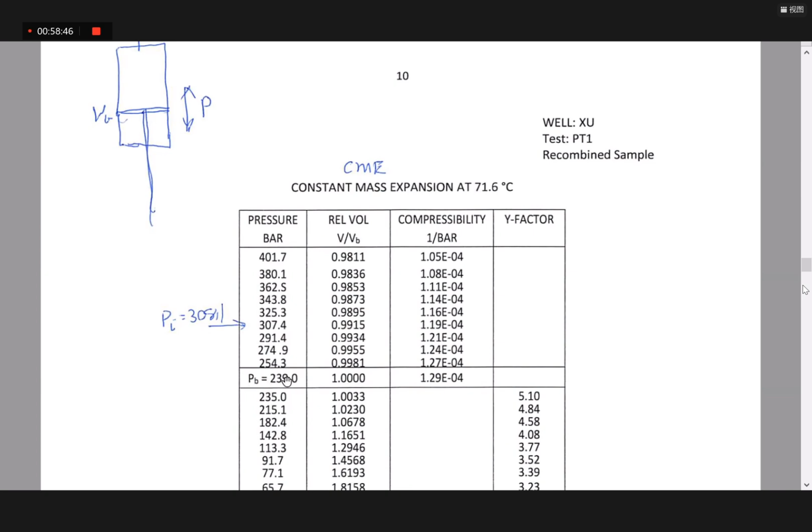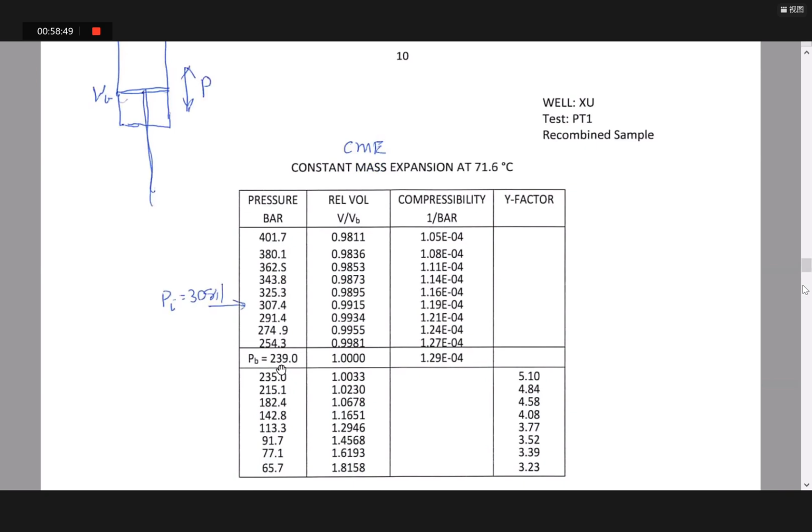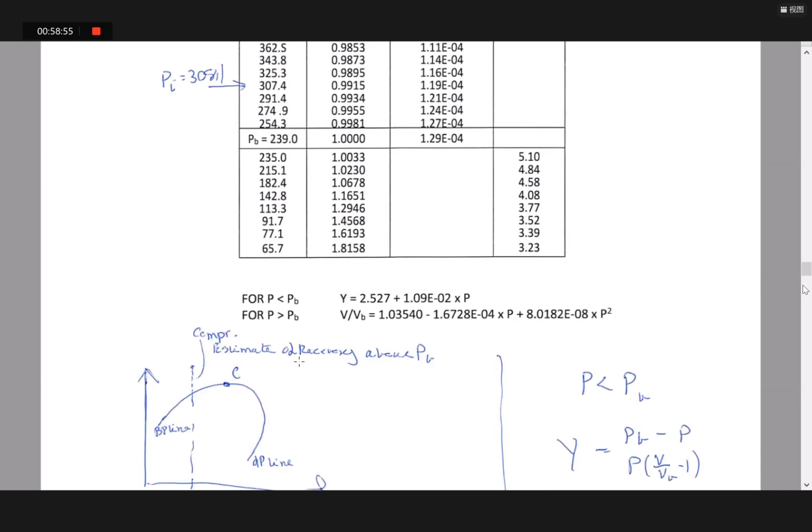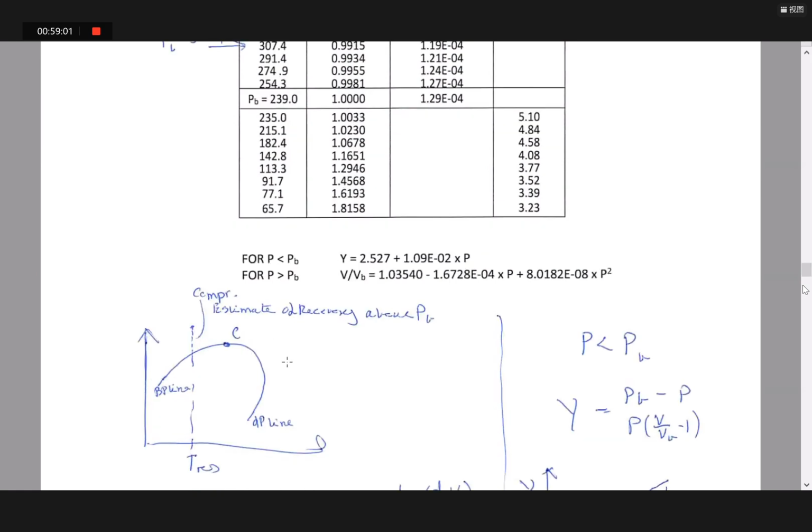The bubble point pressure of the fluid is 239 bar. So if you make a phase envelope of that fluid, the reservoir temperature is to the left of the critical temperature. We're going through the bubble point line of the two-phase envelope.